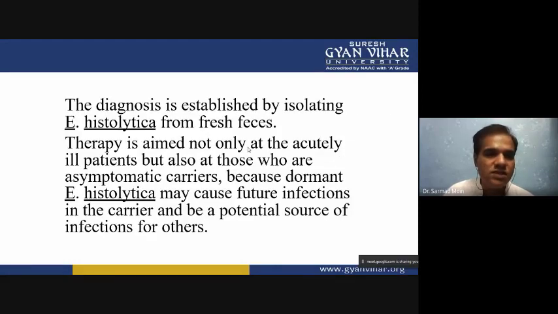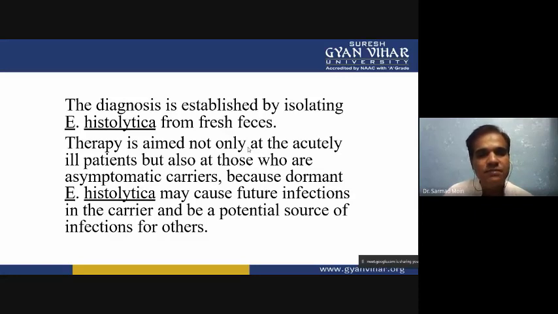Diagnosis is established by isolating Entamoeba histolytica from fresh feces. We analyze a fresh feces sample under the microscope, and we can easily see the Entamoeba histolytica. And when we see the Entamoeba histolytica, we can start the antiamoebic drugs.